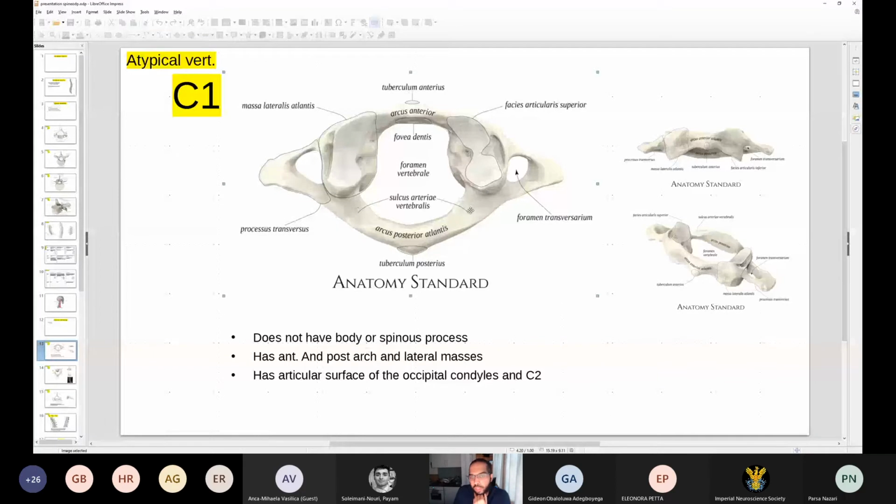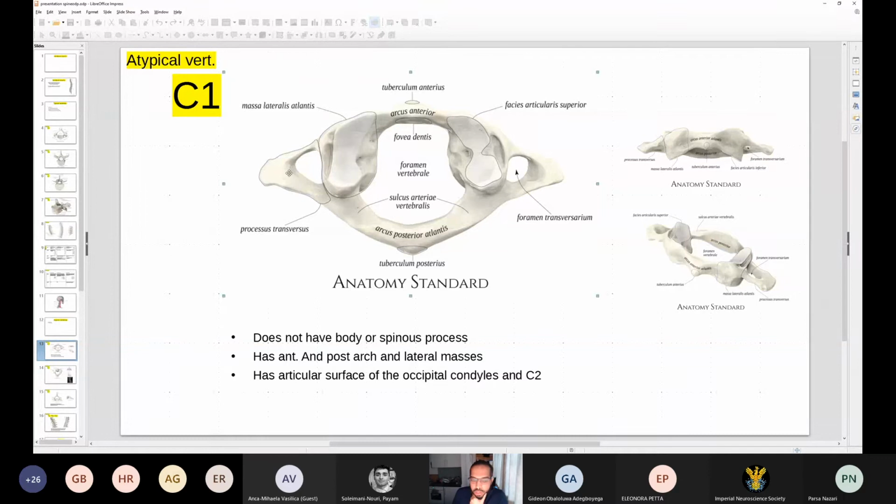Here you have some features from the typical cervical vertebra, which is the transverse foramen on each transverse process. So it's typical in terms of these structures.